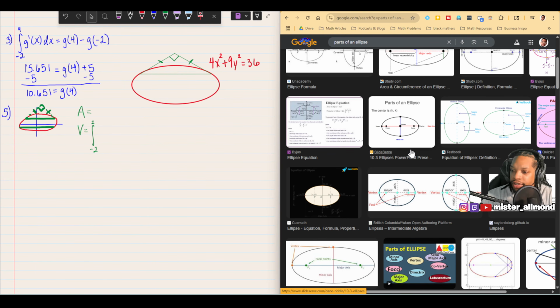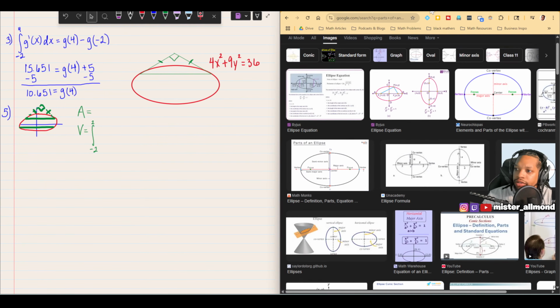Oh, you know what? That's right. I forgot it's common to make ellipse equations equal 1. So if I did that, let's see. What would A and B give me?